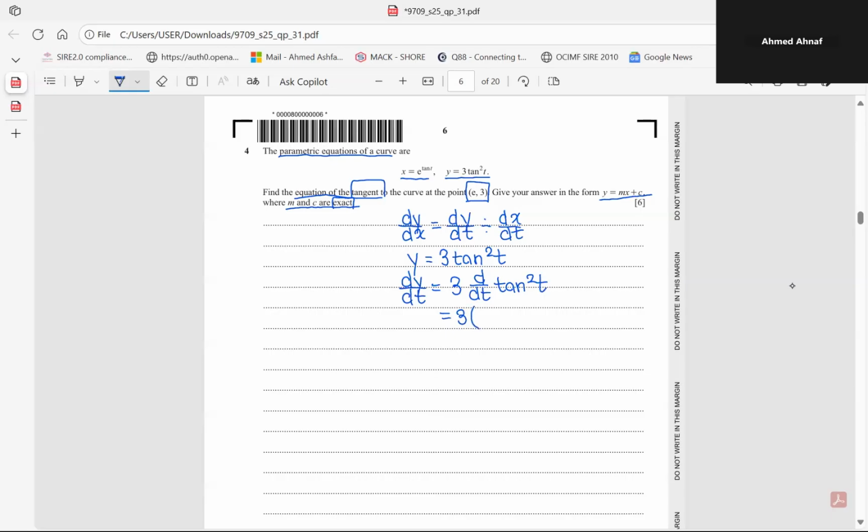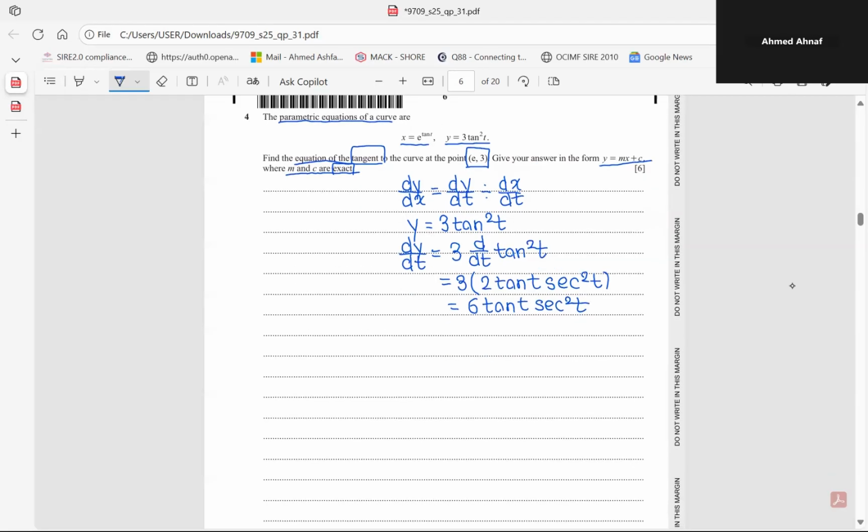So this would just be 3 times, okay, first let's differentiate the outer function. So that would just be 2 times tan t. And now we differentiate tan t with respect to t, so that's just sec squared t. So the final answer would be 6 tan t sec squared t.